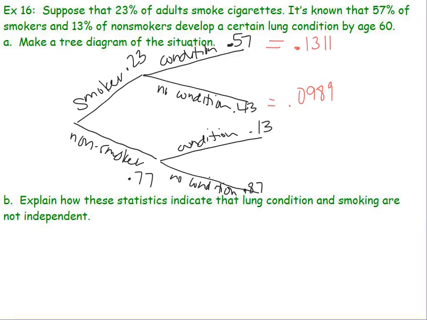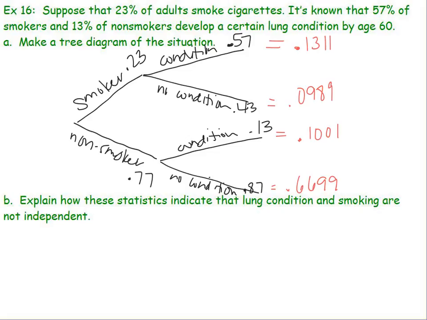Same thing, non-smoker and condition gives you 0.1001. And non-smoker and no condition gives you 0.6699. And if you add up all 4 of those, again, they should add up to 1 if we're doing things correctly.